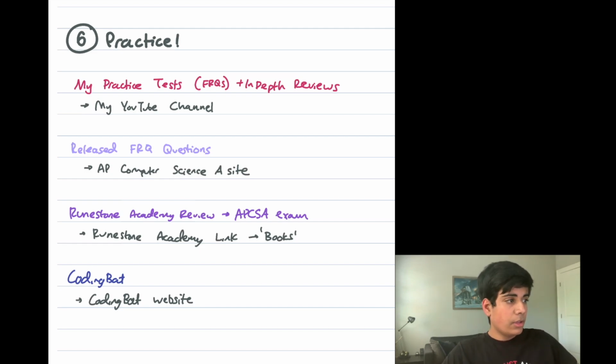I'll have a link in the description for all of these things as well. It's going to be very helpful for you. You can download it. You can even see the answers using scoring guidelines. You can see the sample responses people have done and the scores they've gotten. So it's generally very helpful for you also to get experience with the actual real structure for the exam.